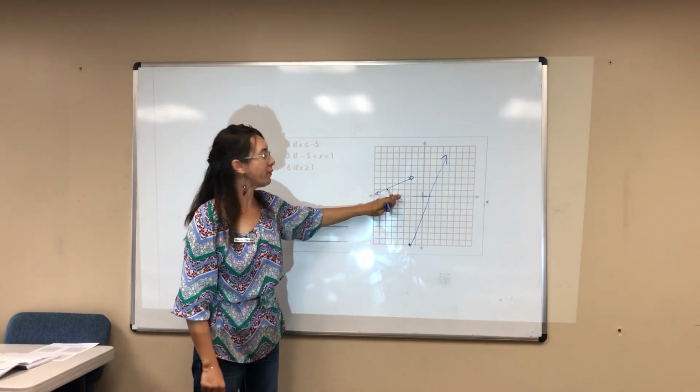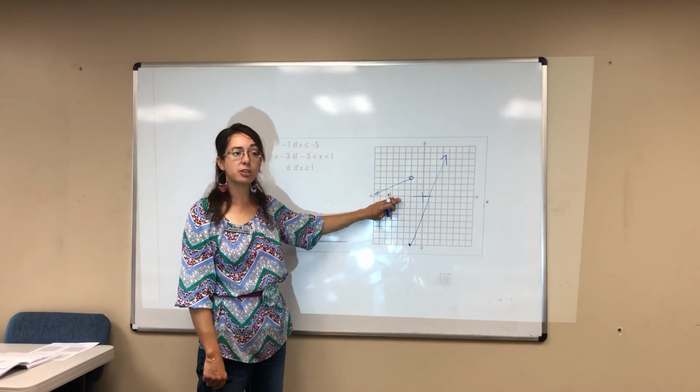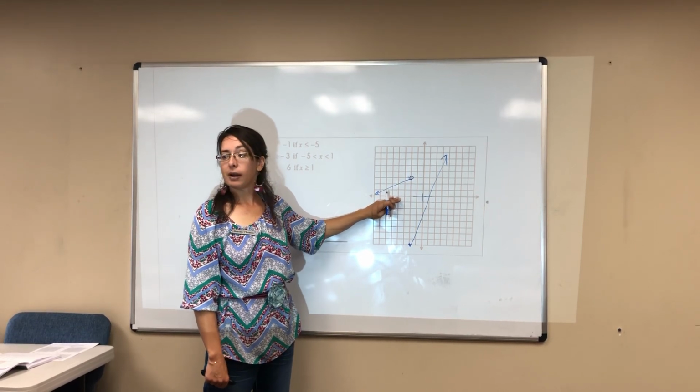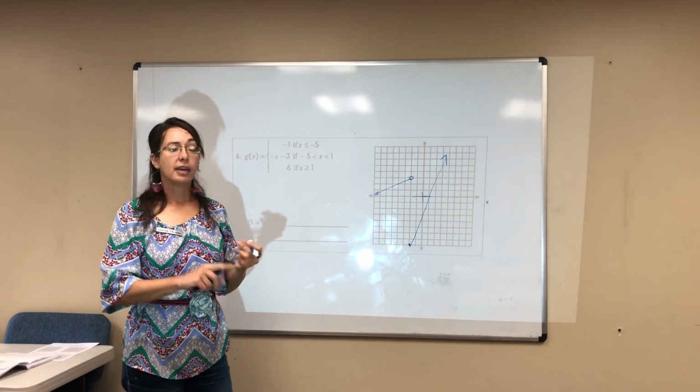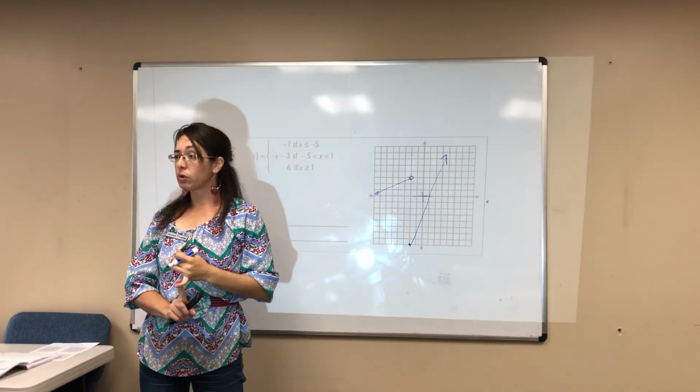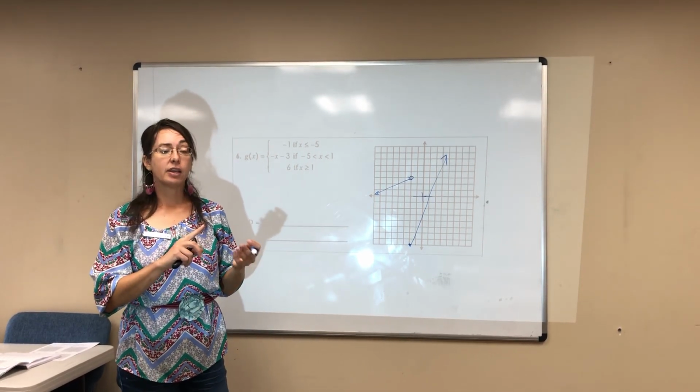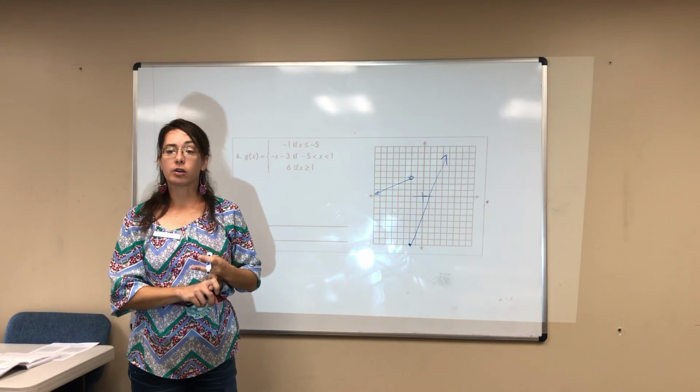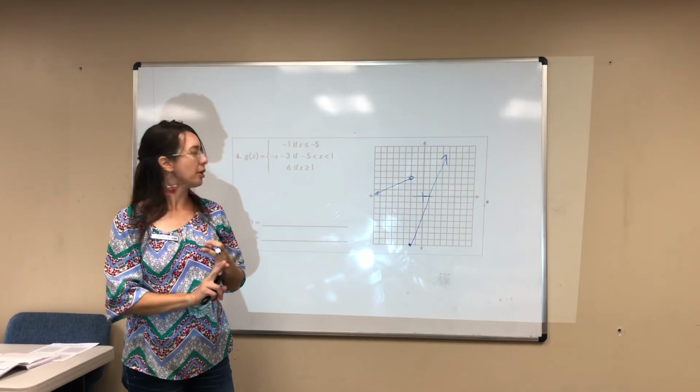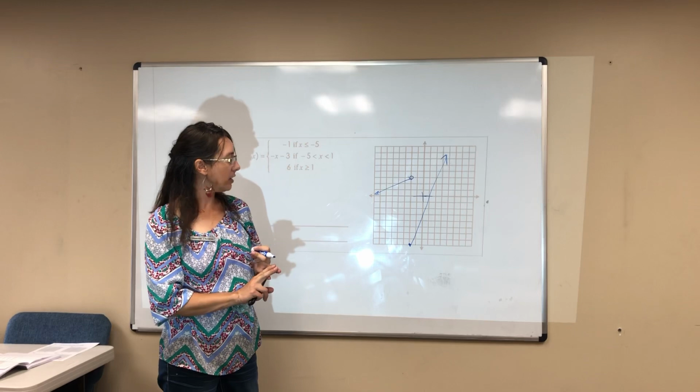So we're going to look at the first guy, and we need to find the equation of his line, right? We can use either our point-slope, or we can use our slope-intercept if we've got that, and we can figure it out.